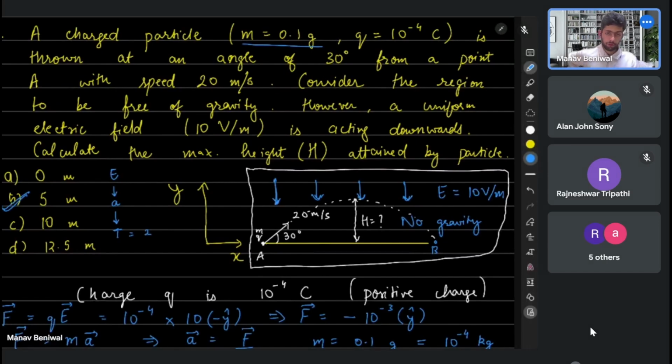And if we just travel for 1 second, we would reach the maximum height. Then using the fact that if we put t is equal to 1, we get the maximum height. So this is how we solved the problem. This was a bit lengthy, so you guys take your time and ask me if you didn't understand any part of this.